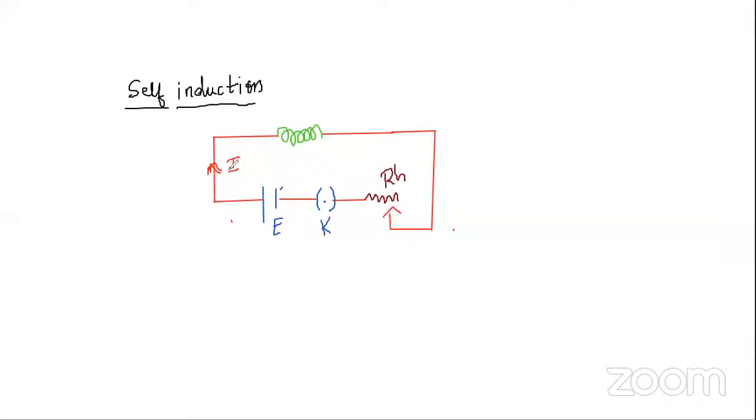So here the current is flowing through this coil, and that current can be varied using this rheostat.